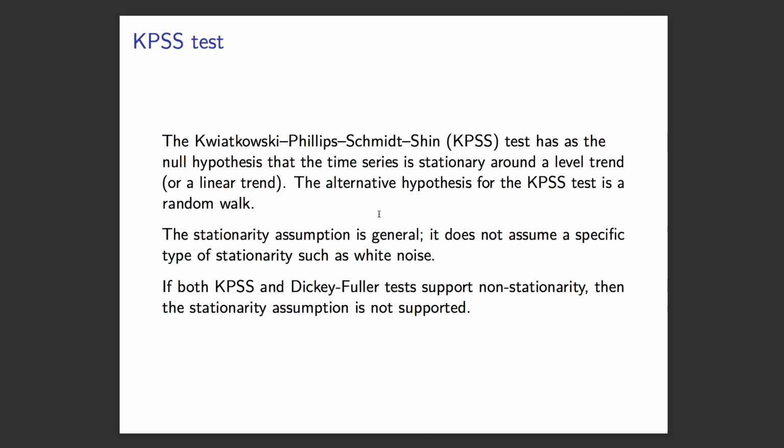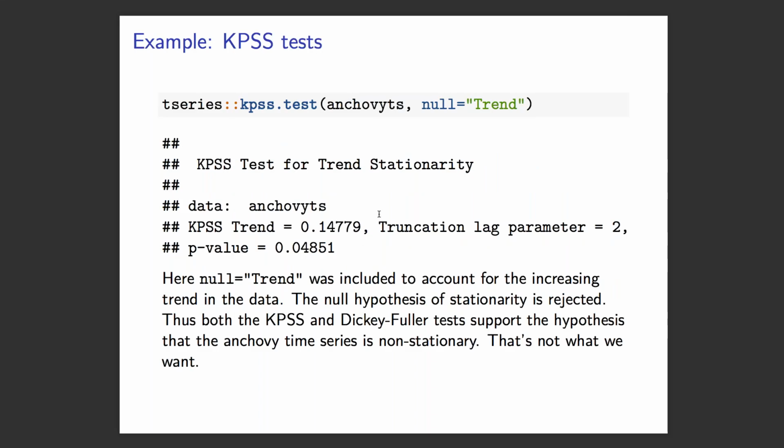It's not going to assume a particular type of AR process. And this is how you apply that test in R. You're just going to say KPSS test, you apply it, and you have those three options again: null, level, or trend.